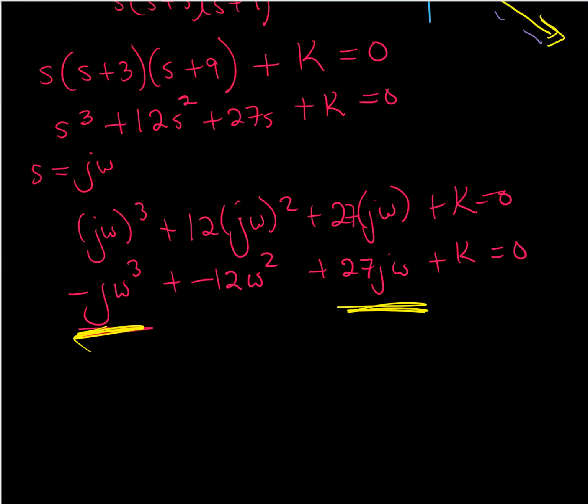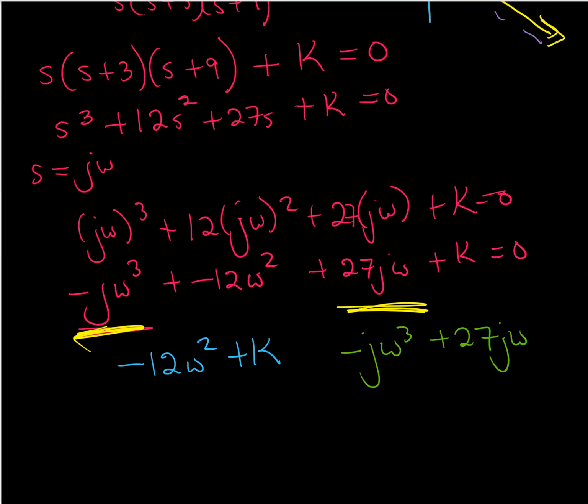So if I gather up the real components, I have minus 12 omega squared plus k. And if I gather up the imaginary components, I've got minus j omega cubed plus 27 j omega.